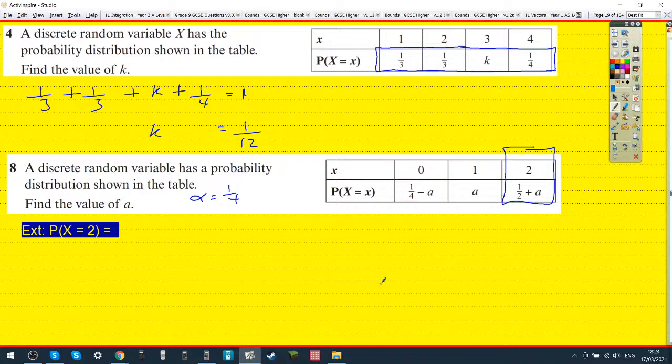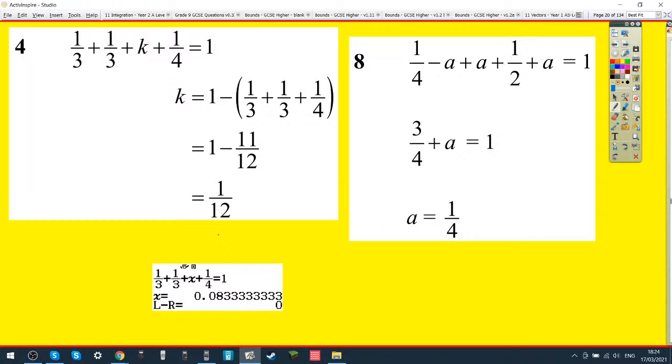Alpha was a quarter. Okay. So half plus a quarter. 3 quarters. Yep, that's it. How would you do that without the calculator? Just manually. Okay, yeah, I see how. Maybe it's not too difficult with it.